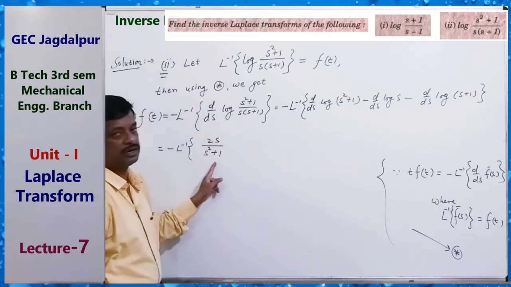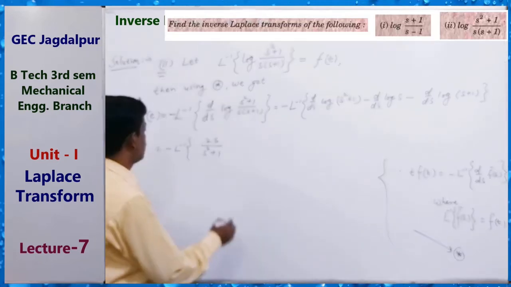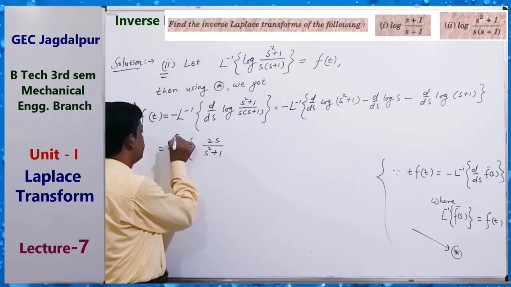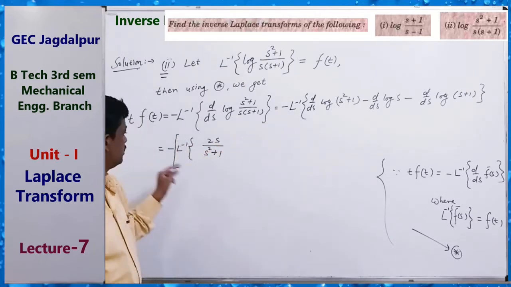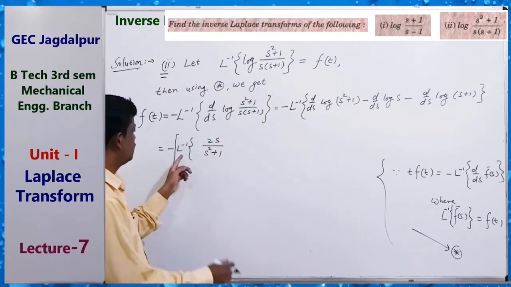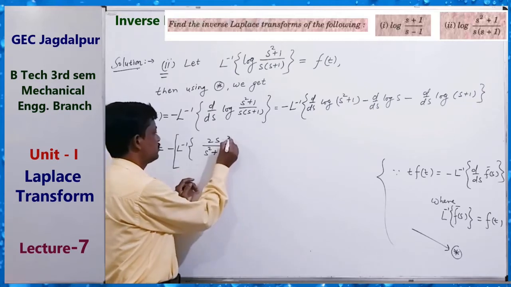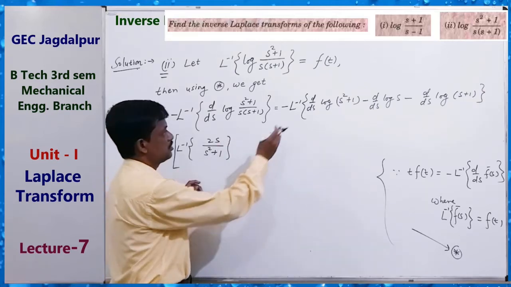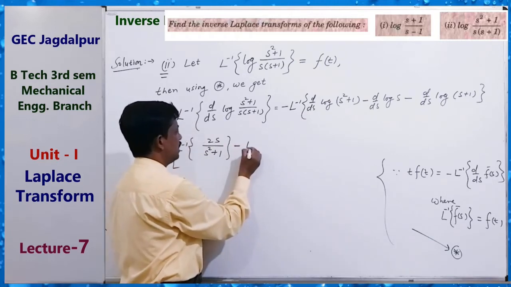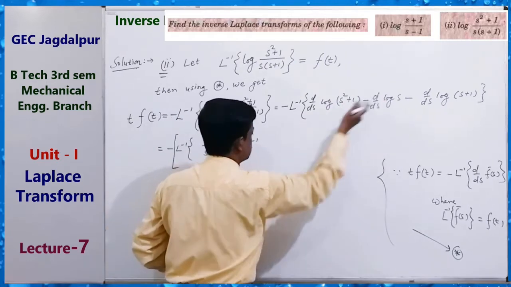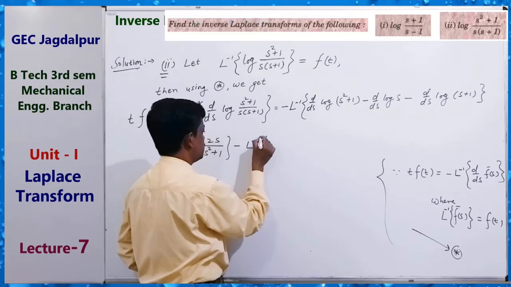This is the first part. Minus of L inverse, distributing, 2s upon (s square plus 1). Differentiation of this, minus L inverse, differentiation of this, 1 by s.